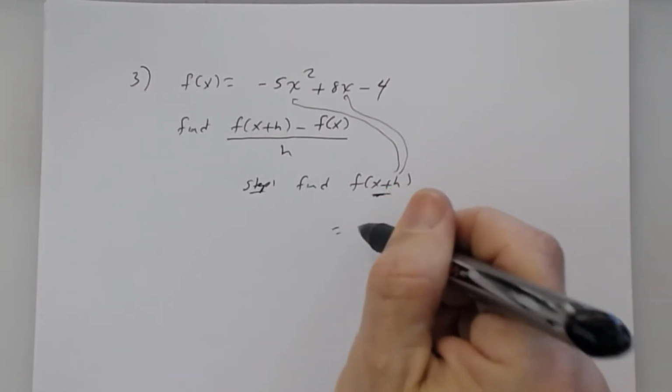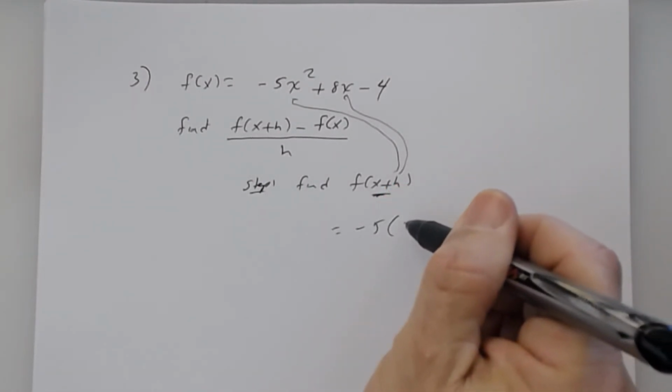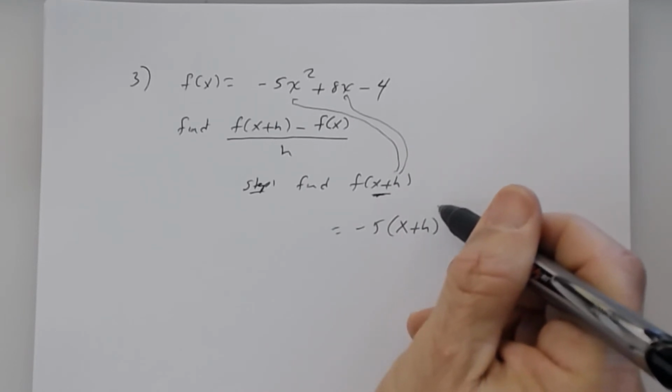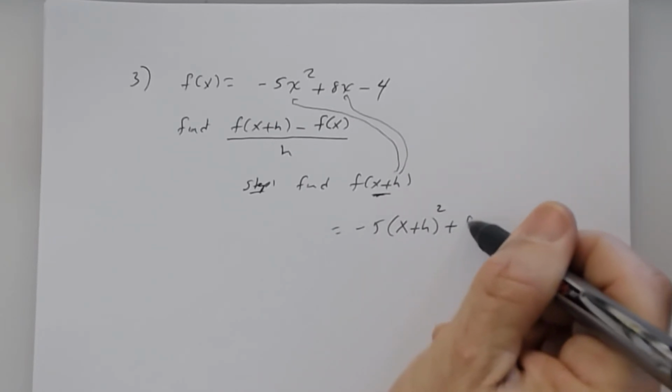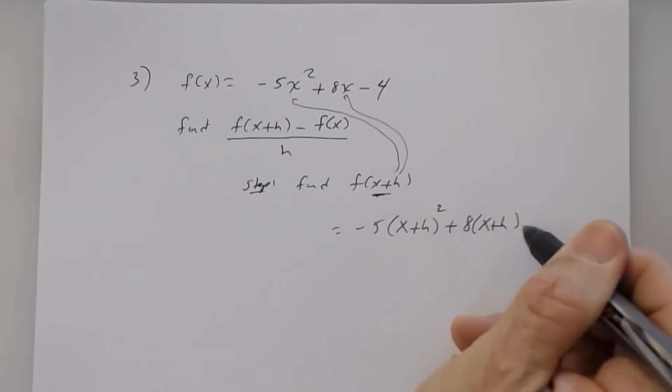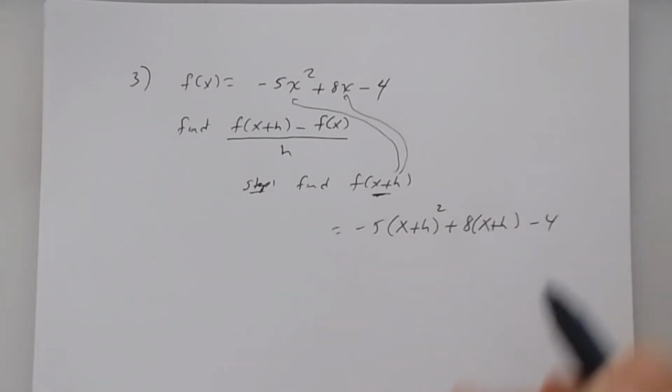So this becomes negative 5 times x plus h, but I must do what to that x plus h? Square it. Plus 8 times x plus h, right? And then minus 4. So all I did at this point was substitute. Now, you know what you have to do now.